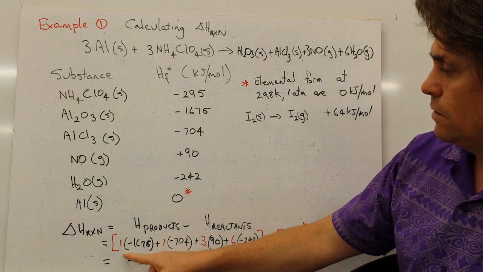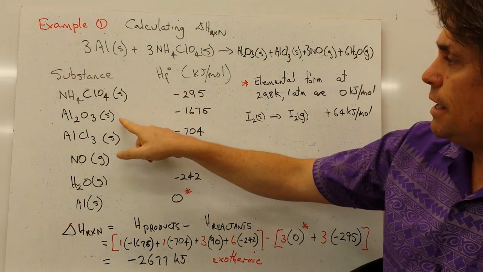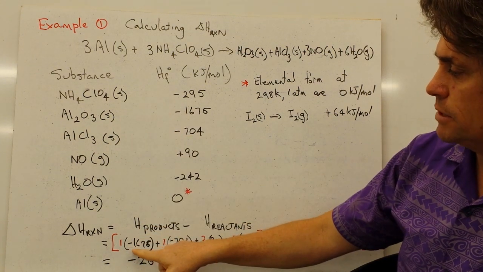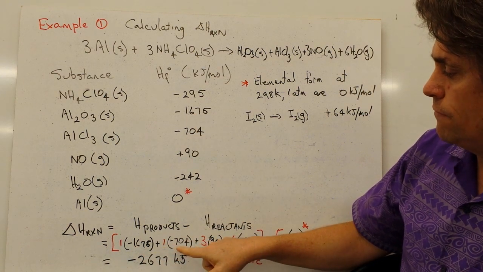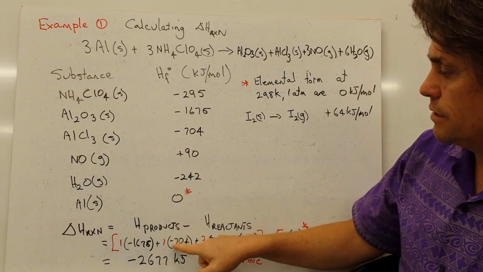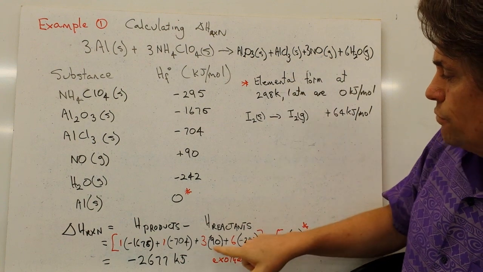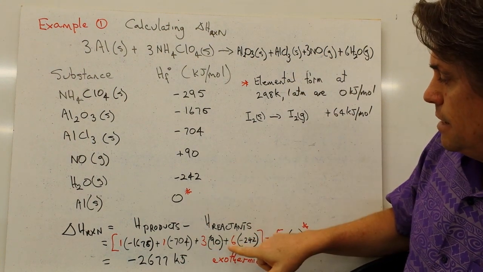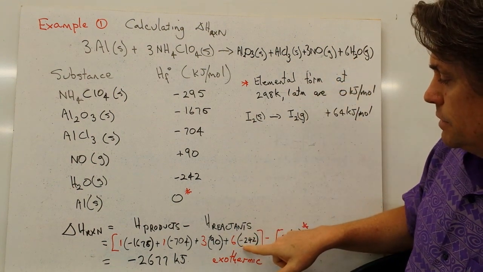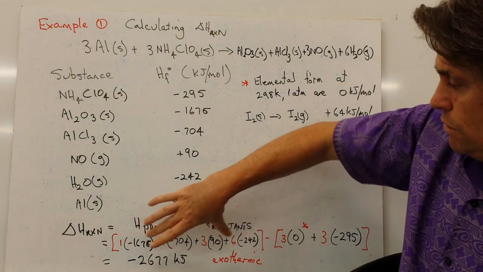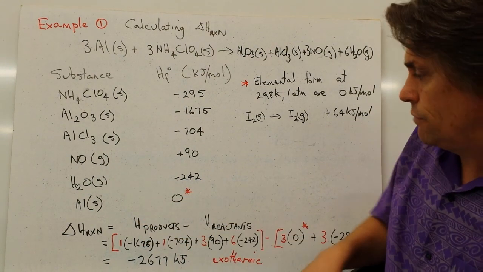So for our products, we have 1 mole of our aluminium oxide, 1 times the minus 1676, plus 1 mole of our aluminium chloride, so minus 704, plus 3 moles of our nitric oxide, so 3 times plus 90, plus 6 moles of our water, so plus 6 times minus 242. That's all of our products. And if we add that number up, that's the total heat for our products.